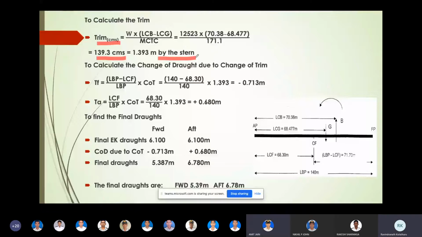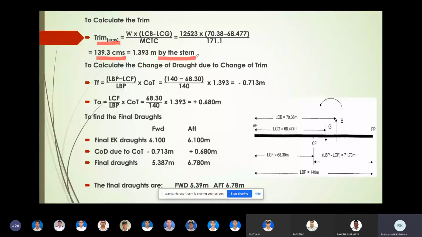With respect to G and B. So what have I told you with respect to G and B? B is fixed, sir. If G is aft, we take it as stern. In case G is forward, we take it as head. Very good. So that is what I want you to remember.